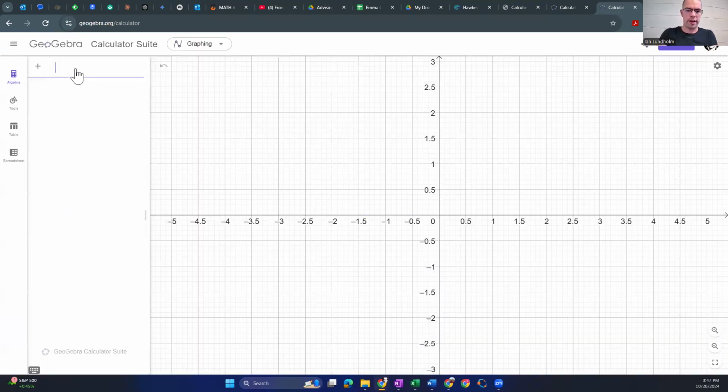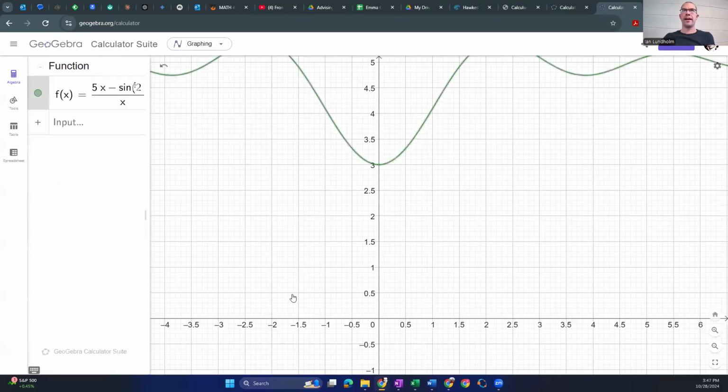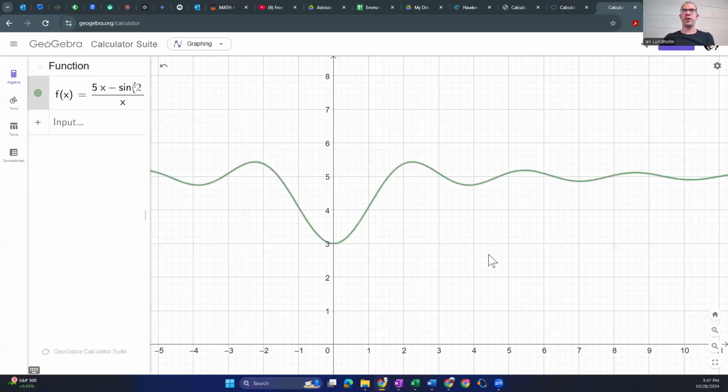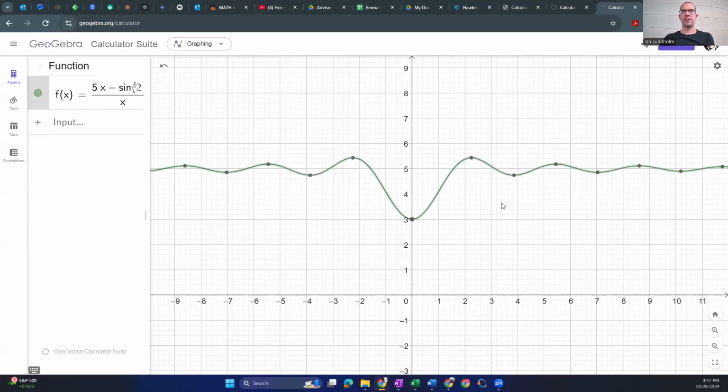Let's go 5x minus sine of 2x all over x. And just to reinforce, we've got this cool oscillating function.